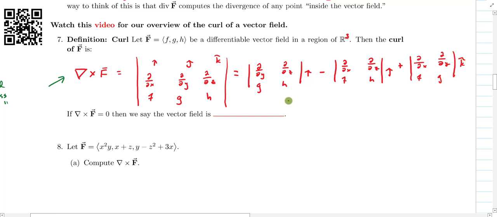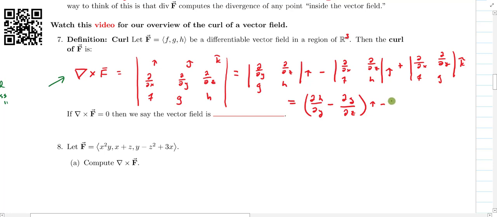What I was about to say just a moment ago is we can't actually multiply these together. One is an operator, one is a function. We'd have no understanding of what that multiplication would mean. That's why this is just a gimmick. Instead, we think of taking the partial derivative of h with respect to y. So we'll write partial h, partial y, minus partial g, partial z, i hat.